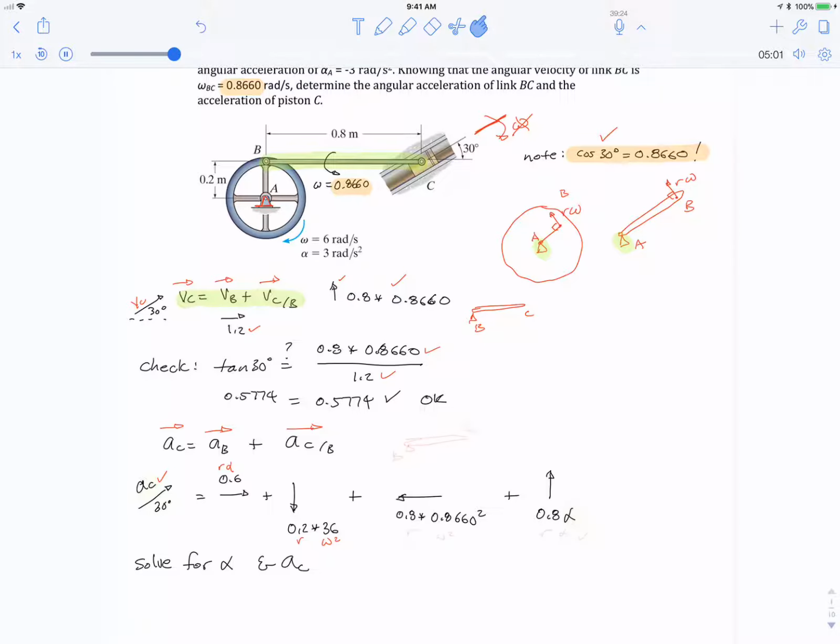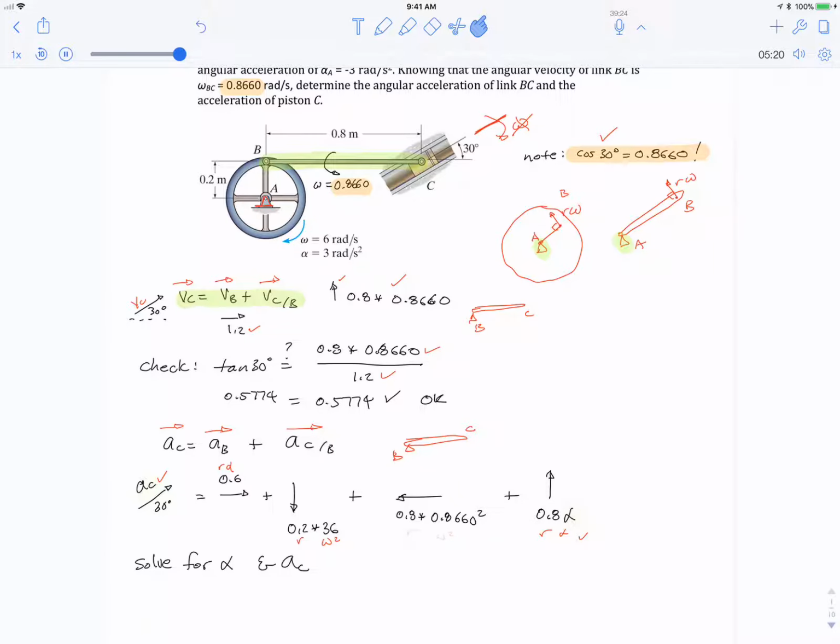And then C relative to B always means C spinning around B. If it's spinning around B, there's an R alpha. So there it is, R alpha, and I've assumed alpha counterclockwise, so it's going up.